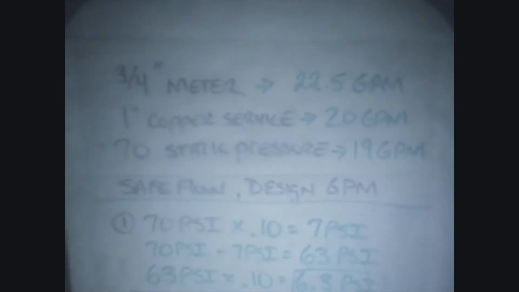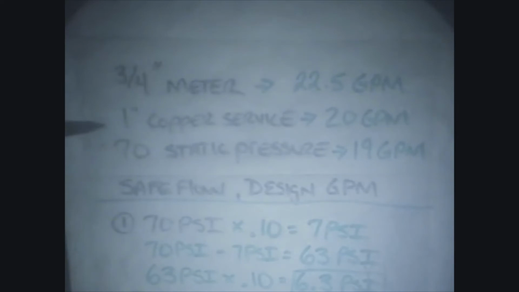So to wrap it up, to get our safe flow, design gallon per minute, based on having a 3/4 inch meter, 1 inch copper service, and 70 psi, our answers would come out to, on a 3/4 inch meter, our safe flow is 22.5 gallons per minute.